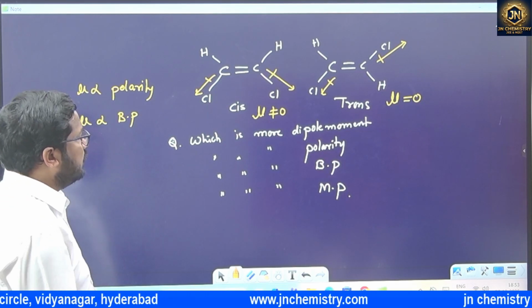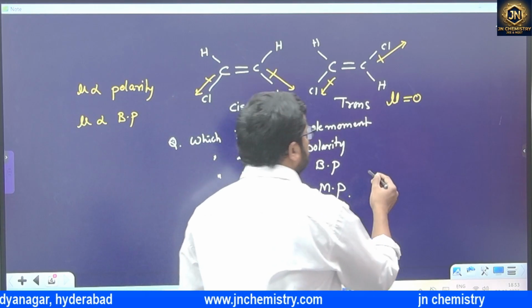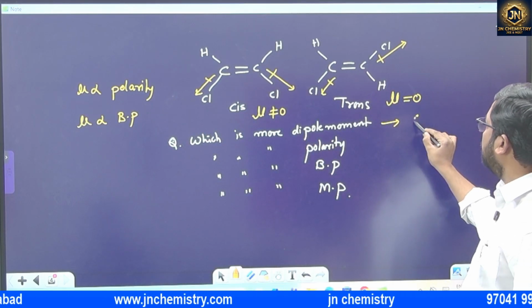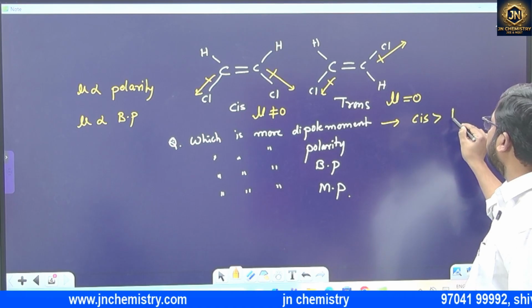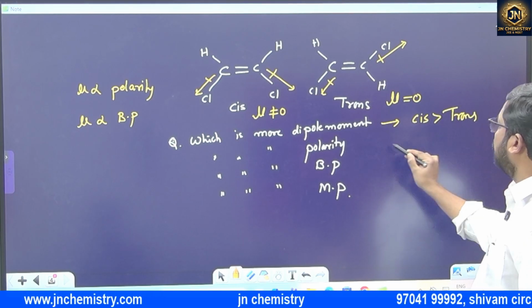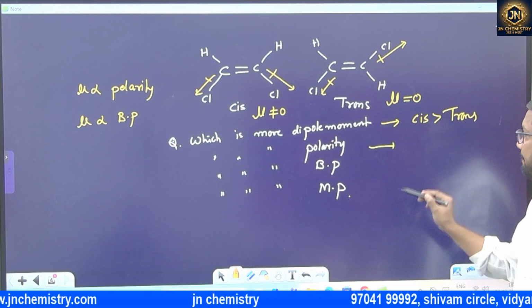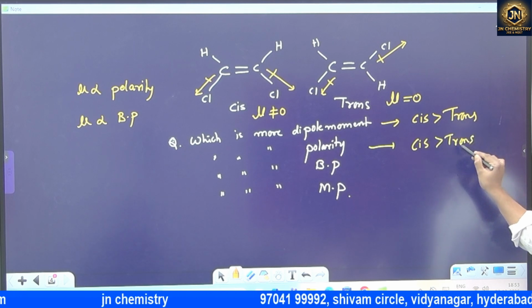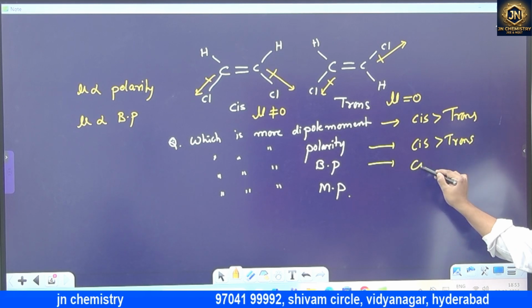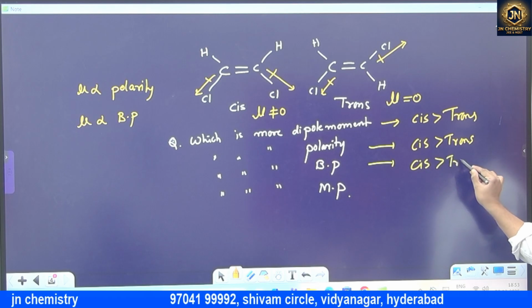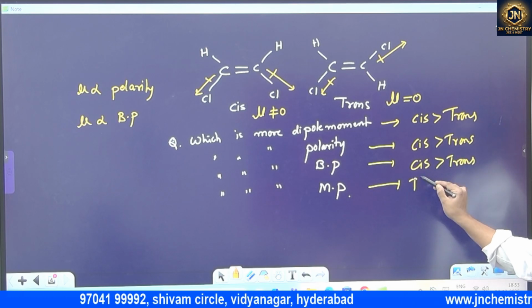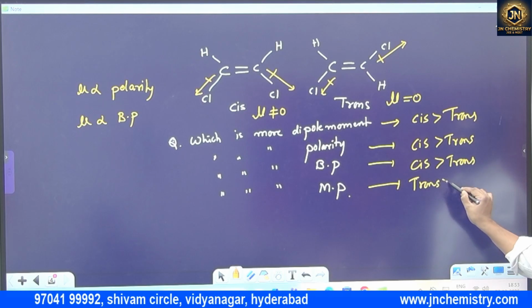So now cis and trans cases. Which has more dipole moment? Cis greater than trans. Which has more polarity? Cis greater than trans. Which has more boiling point? Cis greater than trans. Which has more melting point? In this case, trans greater than cis.